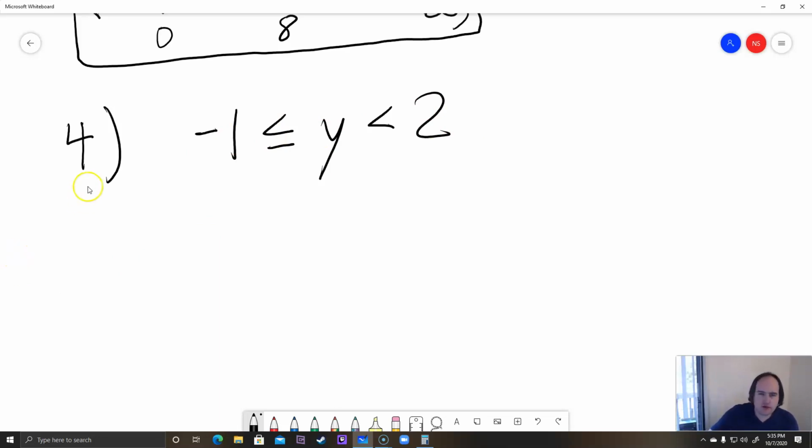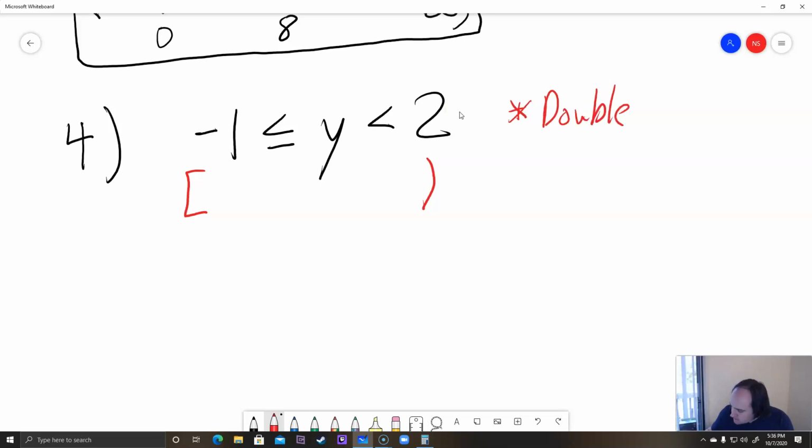The thing is, for the less than or equal, that means we're going to use a bracket at -1. Whereas for the less than at 2, we're going to be using a parentheses. Okay? And then to graph this, this is called a double inequality because it has two numbers and the variable is sandwiched in the middle.